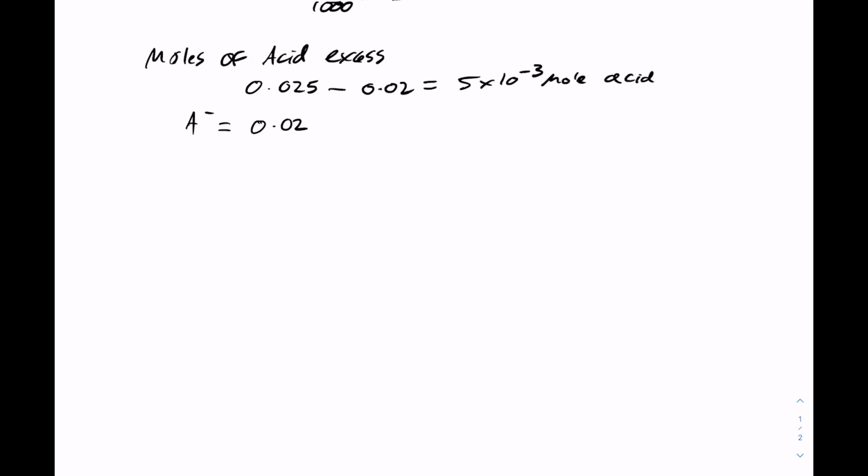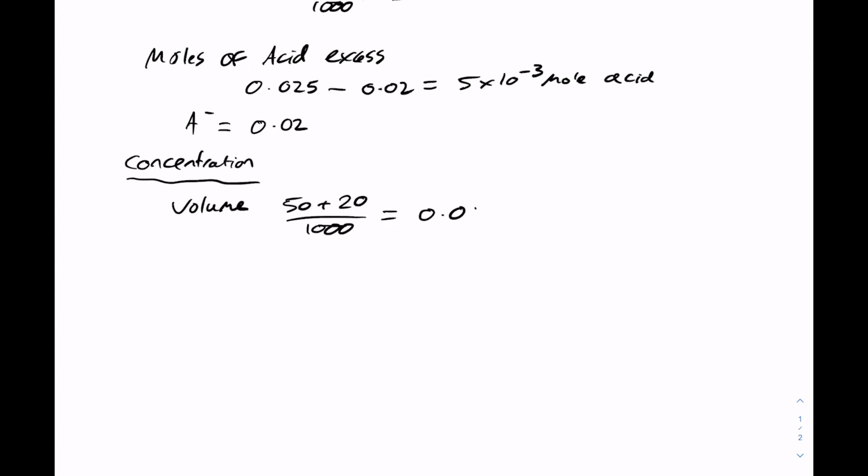The next step we need to do is turn this into concentrations. And to do the concentrations, we'll need to work out a volume. To work out the volume, we're going to add the 50 centimetres cubed from the methanoic acid to the 20 centimetres cubed of sodium hydroxide, and divide that by 1,000 to have a volume here of 0.07 decimetres cubed.